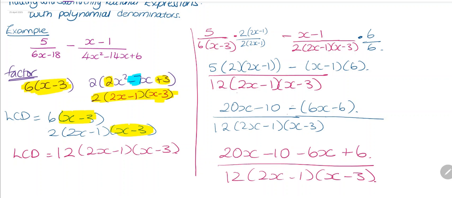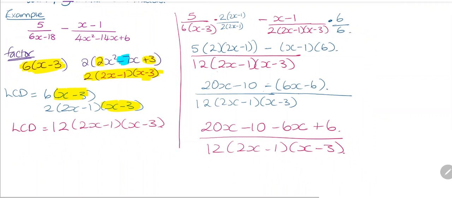To simplify, 20x minus 6x is going to be 14x, and minus 10 plus 6 is minus 4.